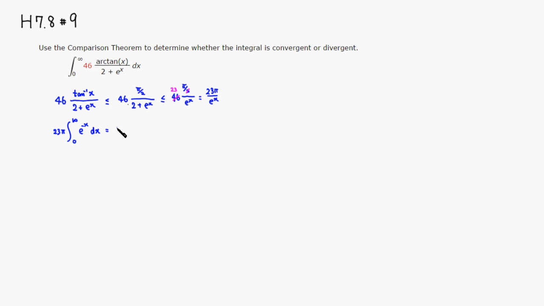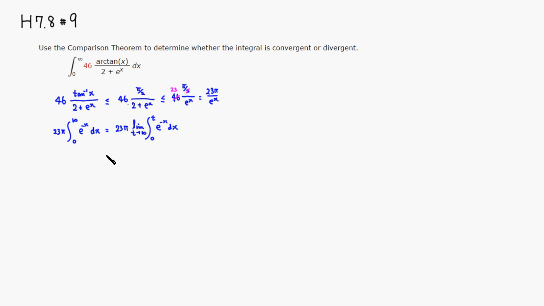So we have 23 pi, just a constant. Since this is an improper integral, I'm going to replace infinity by t, and the 0 is okay. And then we take the limit as t approaches infinity of the integral of e to the negative x with respect to x.